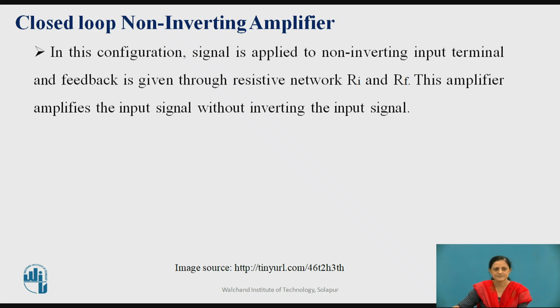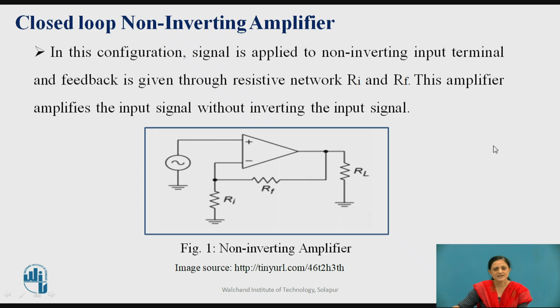This is the diagram for the non-inverting amplifier circuit. Pin number 3, the non-inverting terminal, is given the input, whereas the feedback is provided through this R1 and RF network, which is connected to pin number 2, the inverting terminal, and at the output a load resistor is connected.